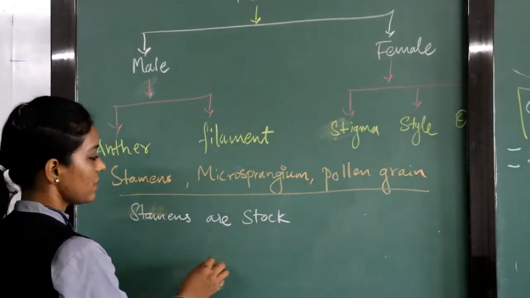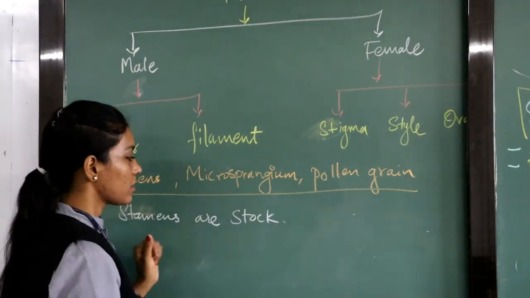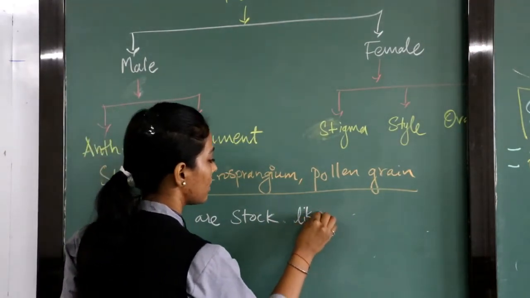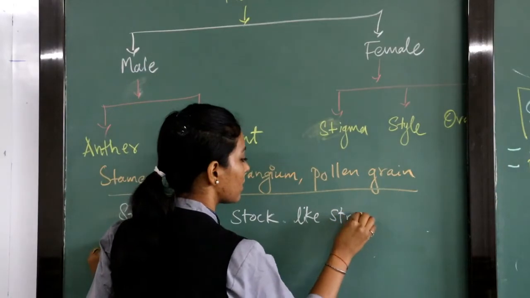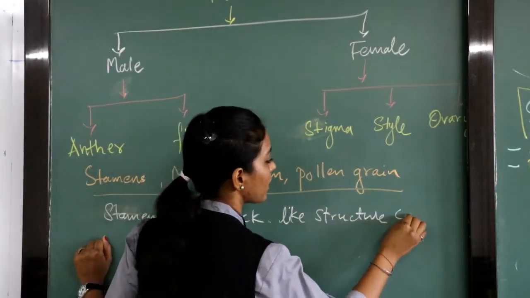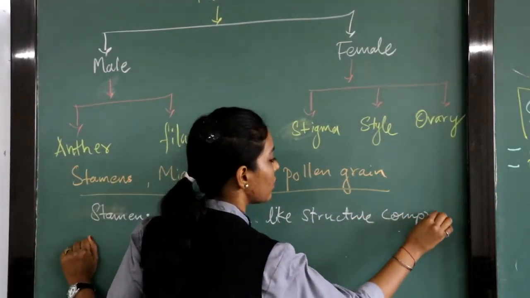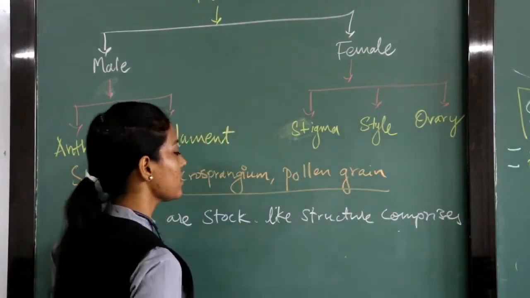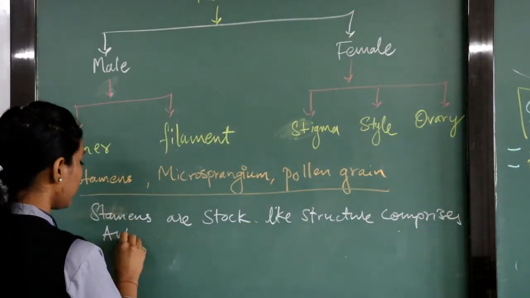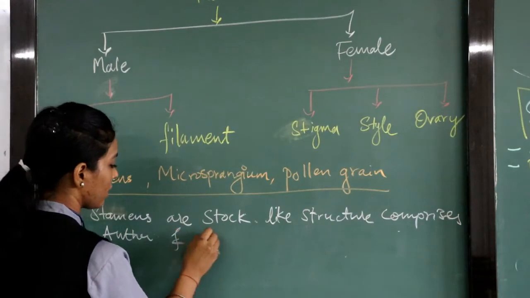So stamens are stalk-like structures that comprise anther and filament.